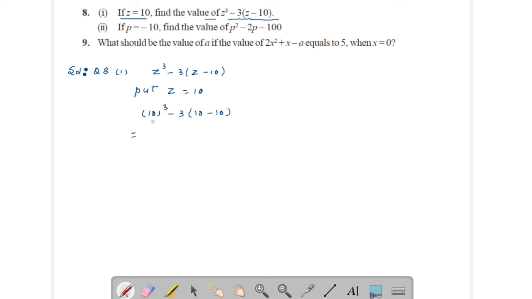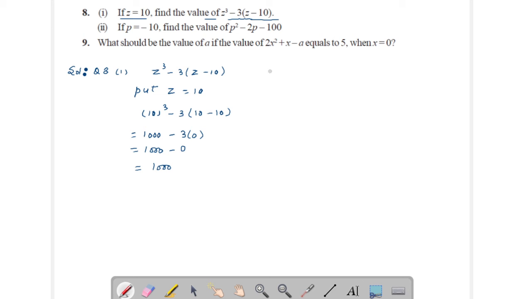Solve this. 10 cube means 10 into 10 into 10, that is 1000, minus 3 into 10 minus 10, it is 0. It is 1000 minus 3 into 0, it is 0. 1000 minus 0, it is 1000. And this is your answer.